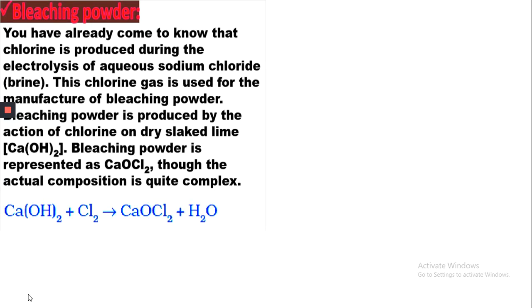Now we will discuss bleaching powder. We already know that chlorine is produced during electrolysis of aqueous sodium chloride, that is brine. This chlorine gas is used for the manufacturing of bleaching powder. Bleaching powder is produced by the action of chlorine on dry slaked lime, that is Ca(OH)2.